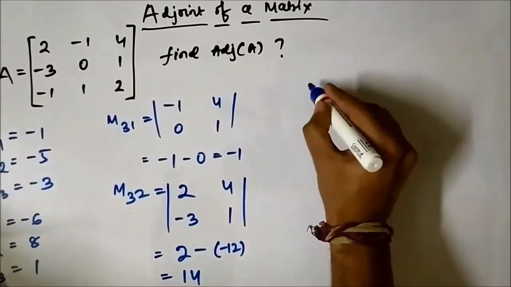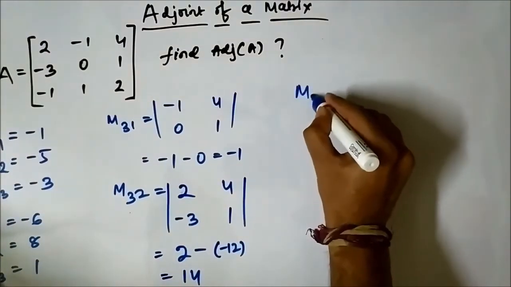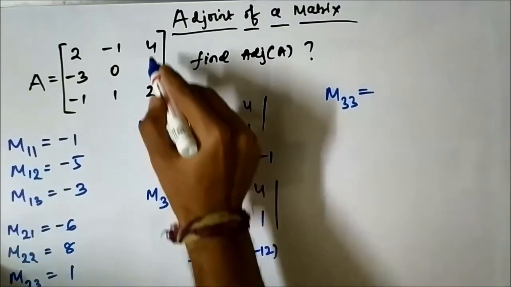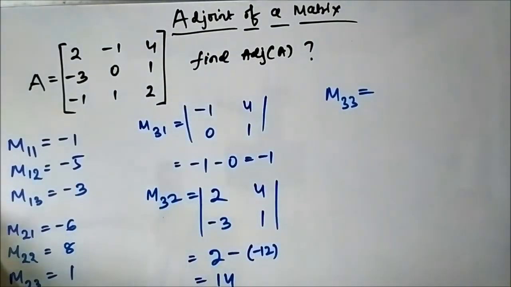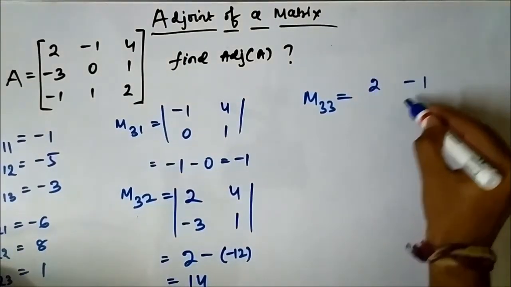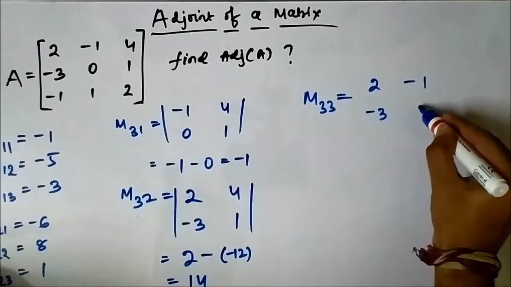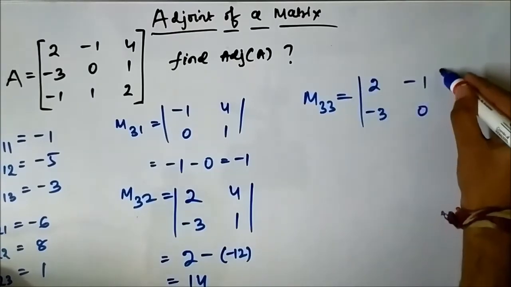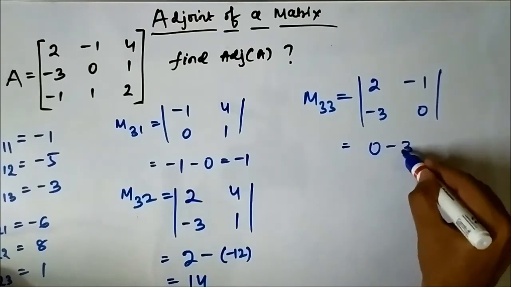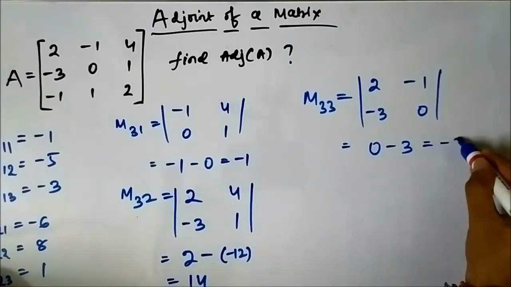Similarly, M33, the minor of the element which is present at the intersection of the third row and the third column, so we remove that, so the determinant becomes 2, minus 1, minus 3, 0, which is equal to 0 minus 3, which is equal to minus 3.